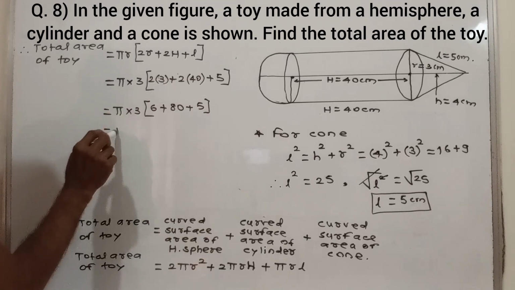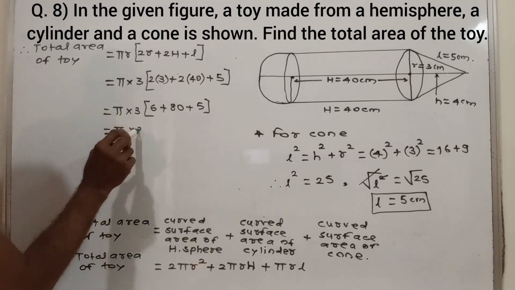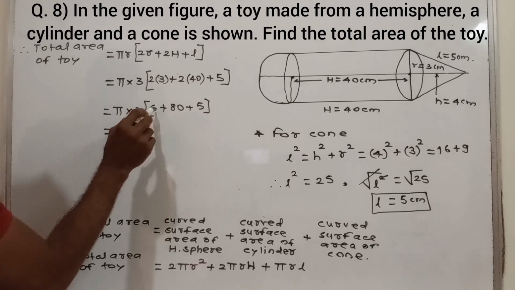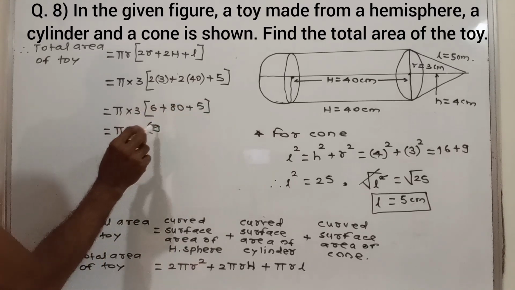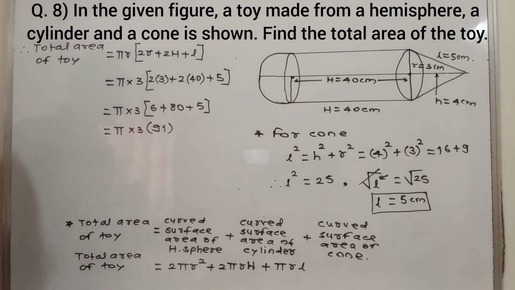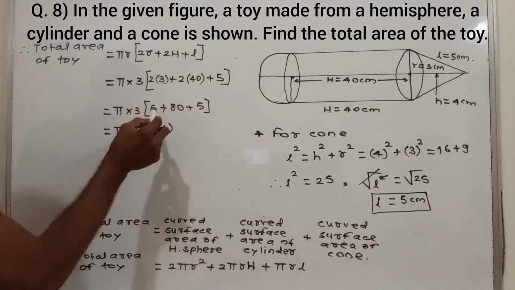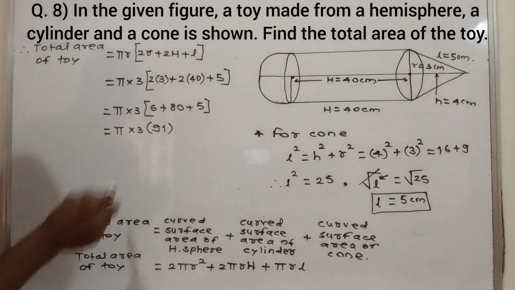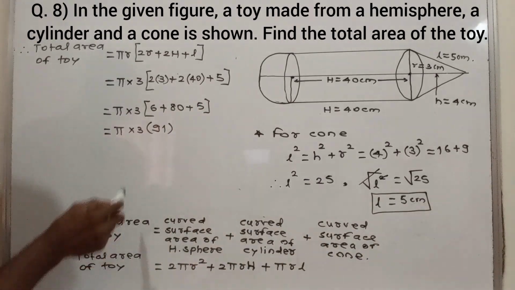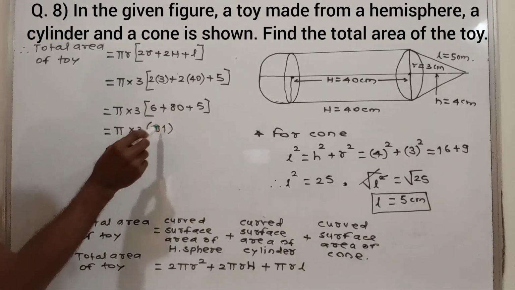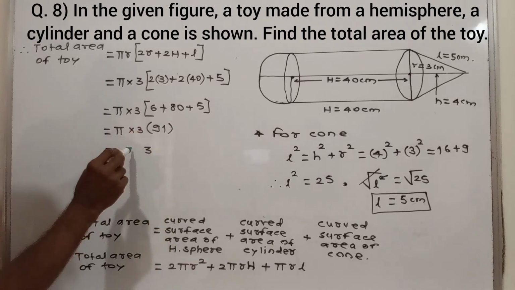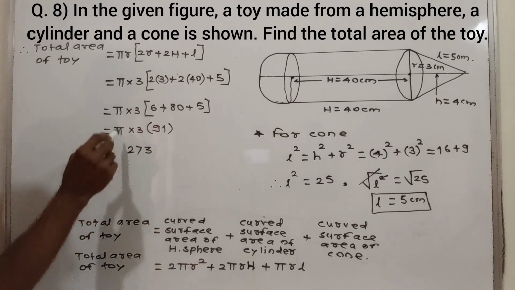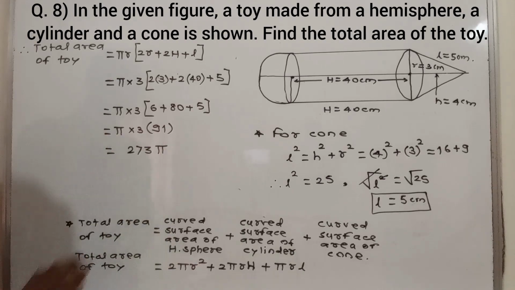Therefore pi into 3 into the addition of all these: 6 plus 80 is 86, plus 5 is 91. Therefore the product of these two: 3 ones are 3, 3 nines are 27, and this pi.